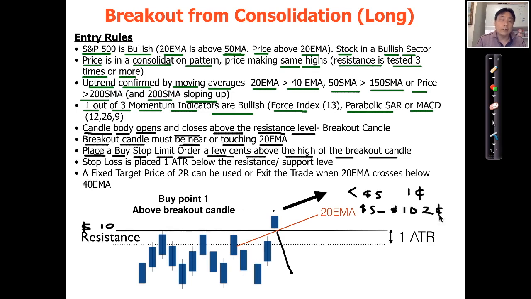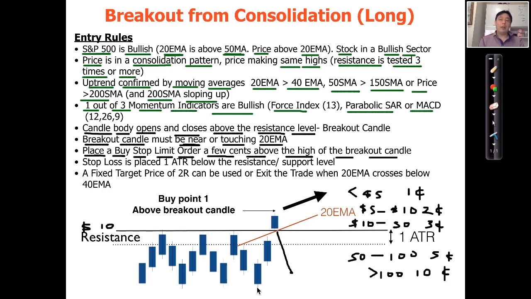And again, this is just a rough gauge, right? If the stock is between $10 to $50, I use 3 cents. If the stock is between $50 to $100, I use 5 cents. And if the stock is above $100, I use 10 cents.